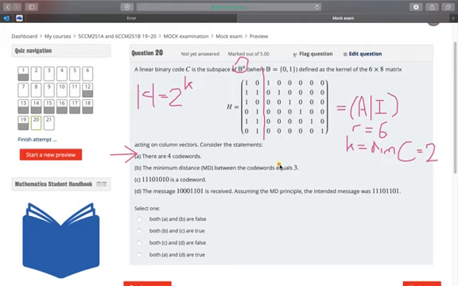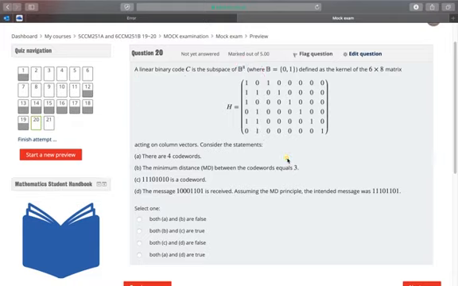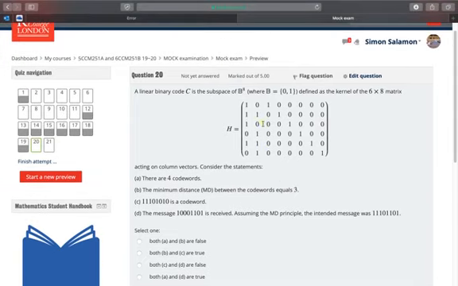Now the minimum distance between the code words is 3. How do we find the minimum distance between the code words? The way I do this is I find the matrix, what I call the encoding matrix, which I do by taking the matrix A, which you can see here on the left of this line, and adding on the top of A the identity matrix.